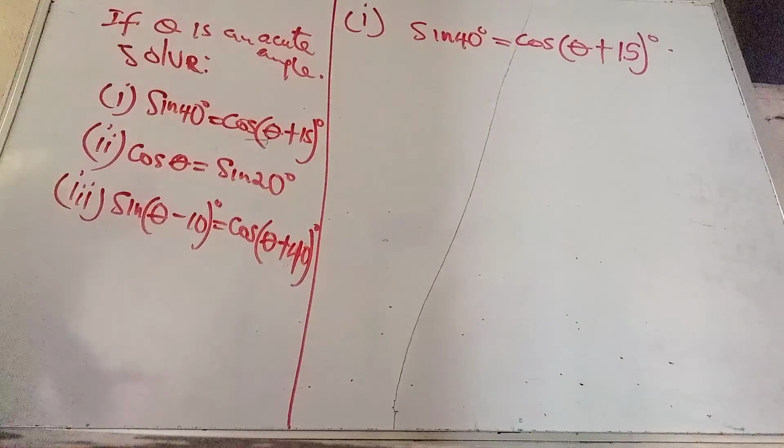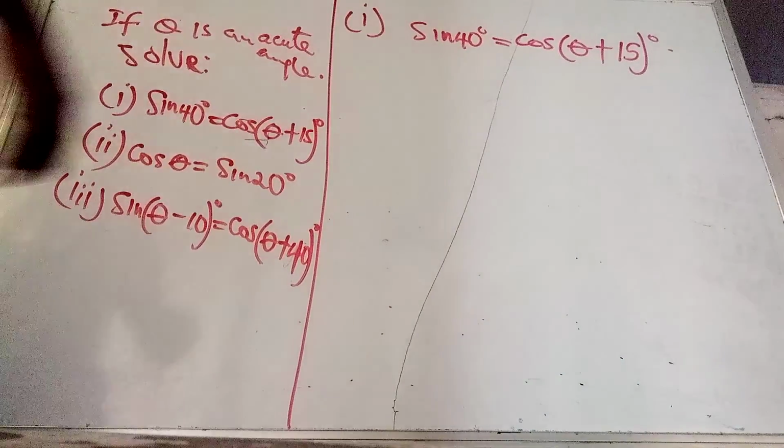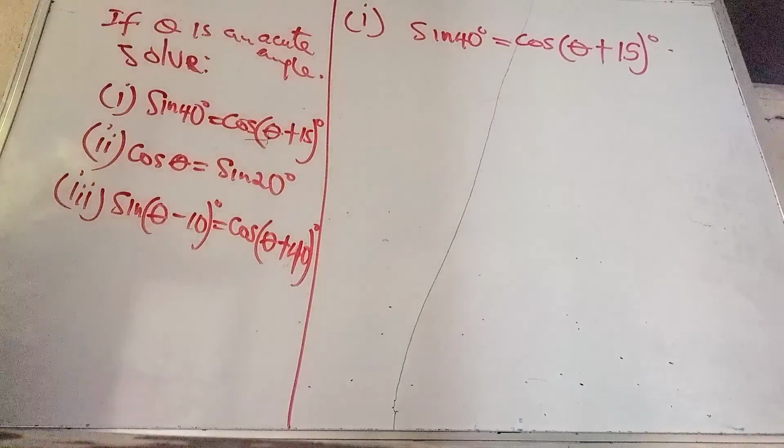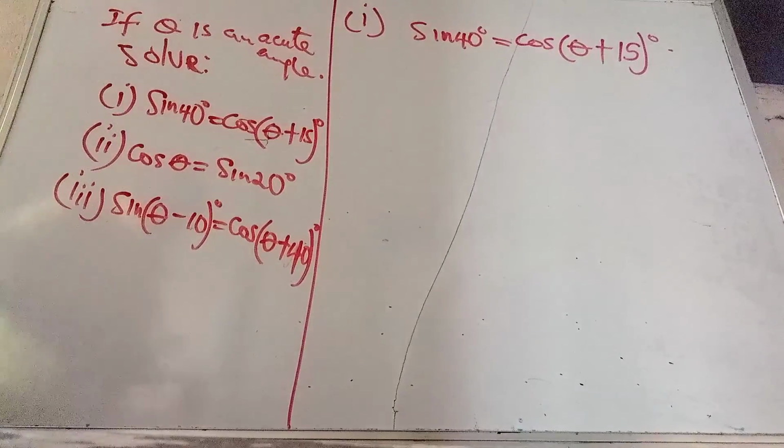What's an acute angle? Any angle less than 90 degrees. That means I need to look for complementary angles, the two angles that when added together give 90 degrees. You can find all this information in the previous video, in episode 2.